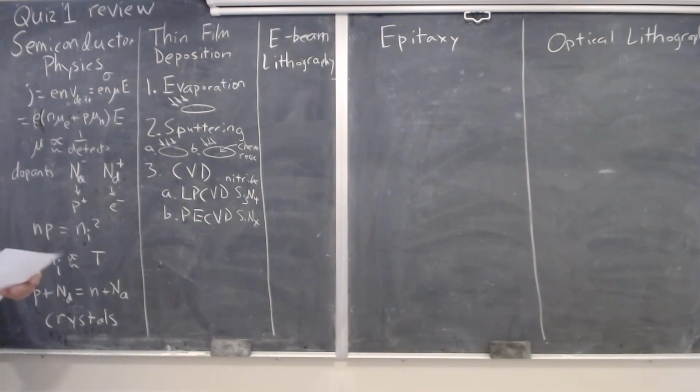That's the main thing to remember about that. Just like with e-beam lithography, there's a lot to know about all this, but these are the main things I want you to remember.